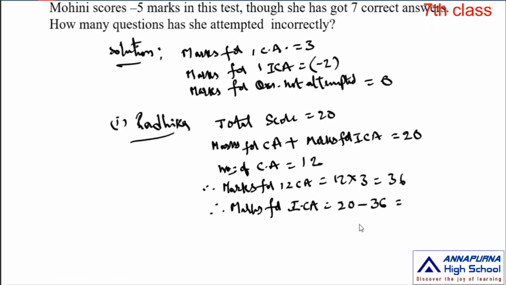So 20 minus 36, the difference is 16, that is equal to minus 16. She got minus 16 for incorrect answers.